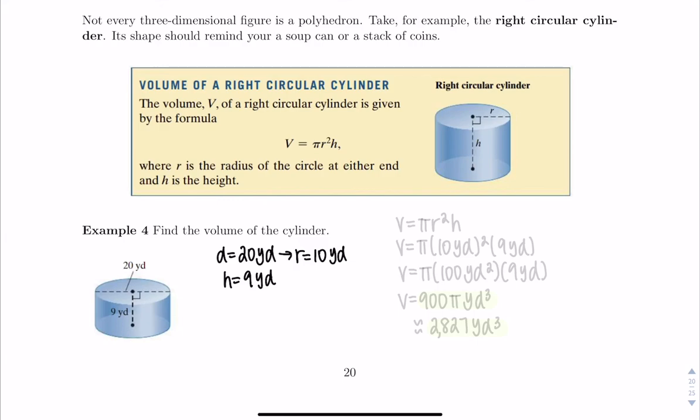So plugging in, we have V equals pi r squared h. Well, that's pi times 10 yards squared times 9 yards, or pi times 100 square yards times 9 yards.